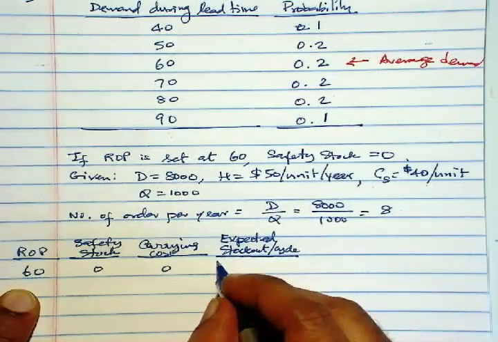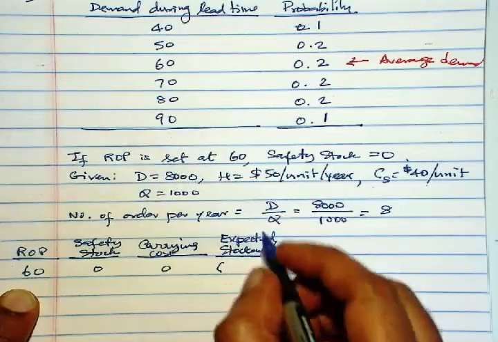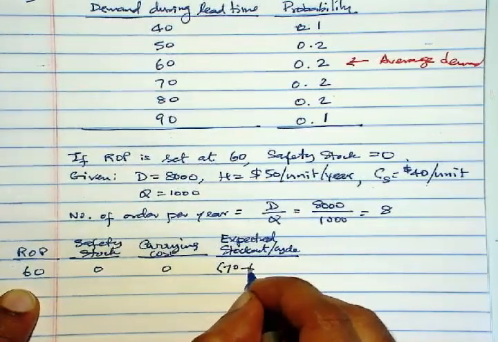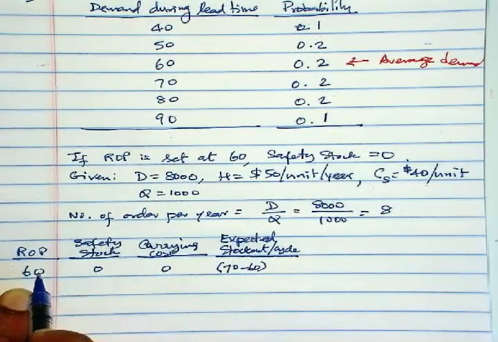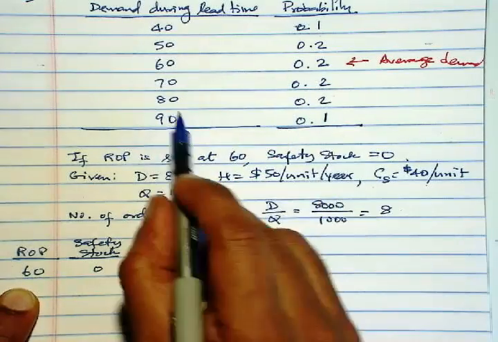So the first case is 70. So 70 minus the ROP of 60, that would be with a probability of 0.2.